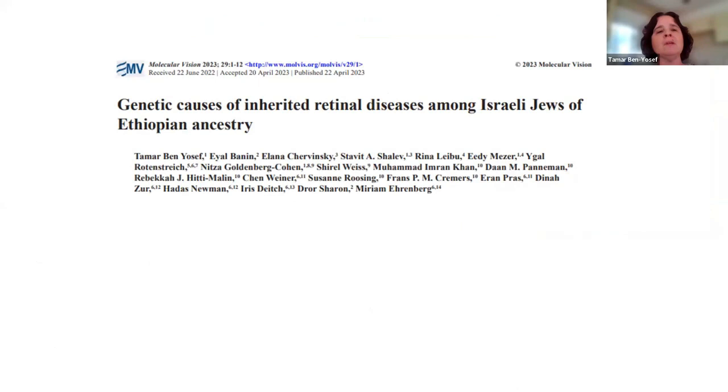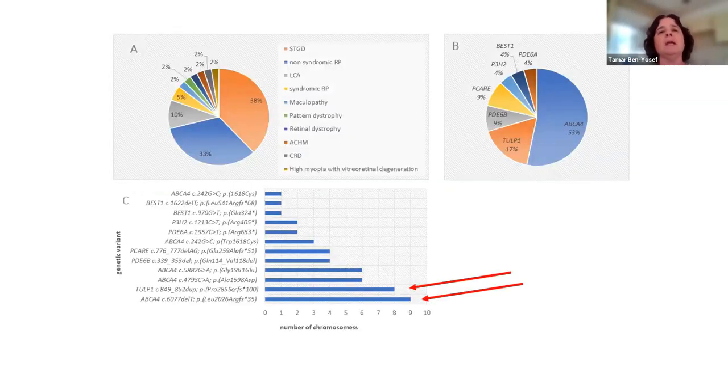So we performed a specific study on the genetic causes for inherited retinal diseases among Israeli Jews of Ethiopian ancestry. And we found that the most common phenotypes are RP and Stargardt disease, which is similar to what is found in other populations in the world. Also, the most common gene is ABCA4, which again is also found in other places in the world.